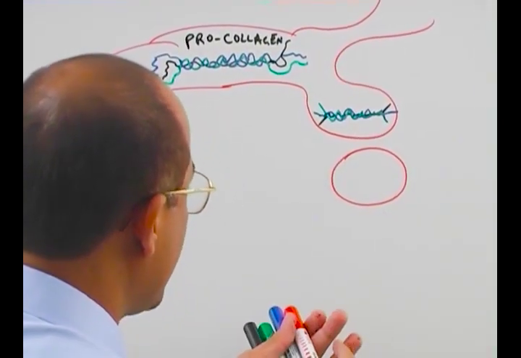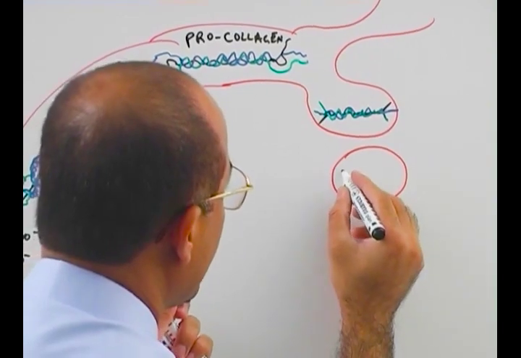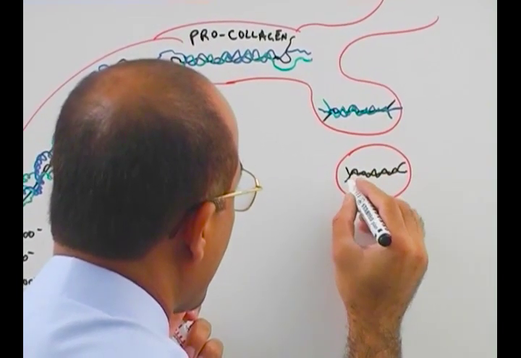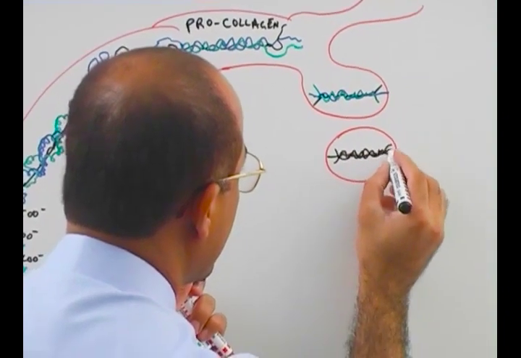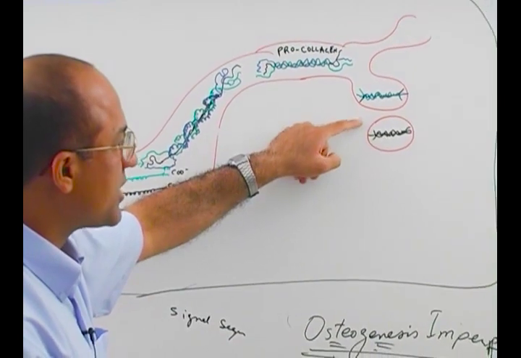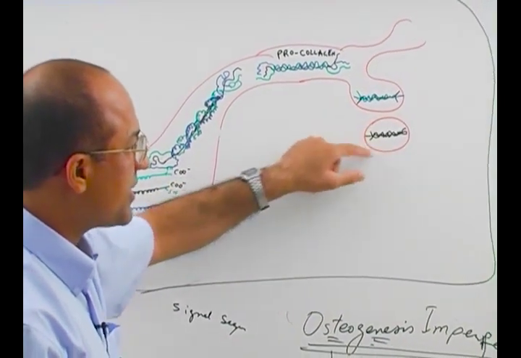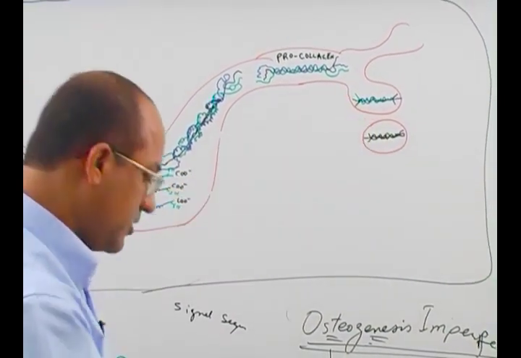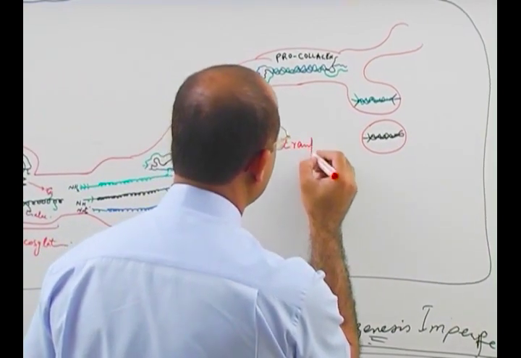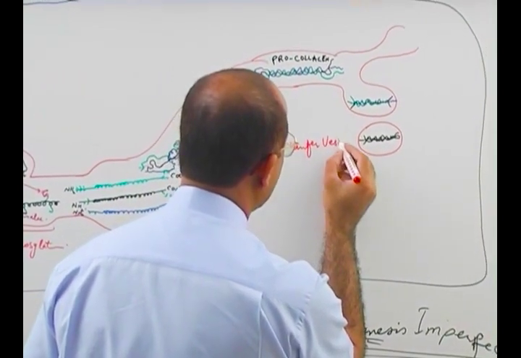It is sitting here, right? I will make it now with one color. This is pro-collagen molecule. Now it moves from endoplasmic reticulum, it makes a vesicle, it buds out, and this vesicle is called transfer vesicles.